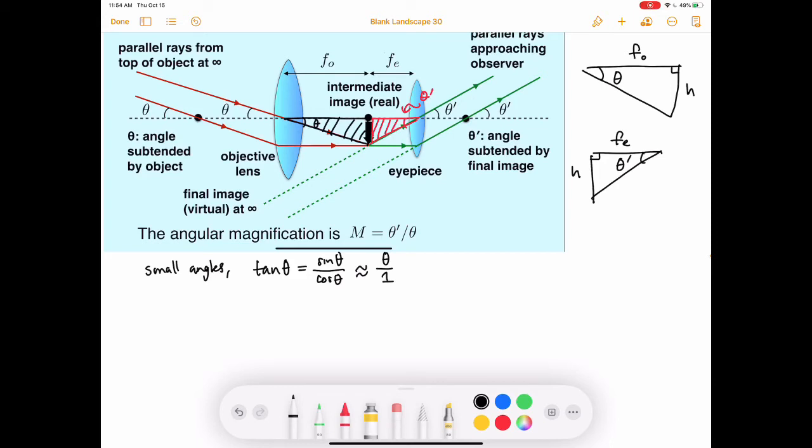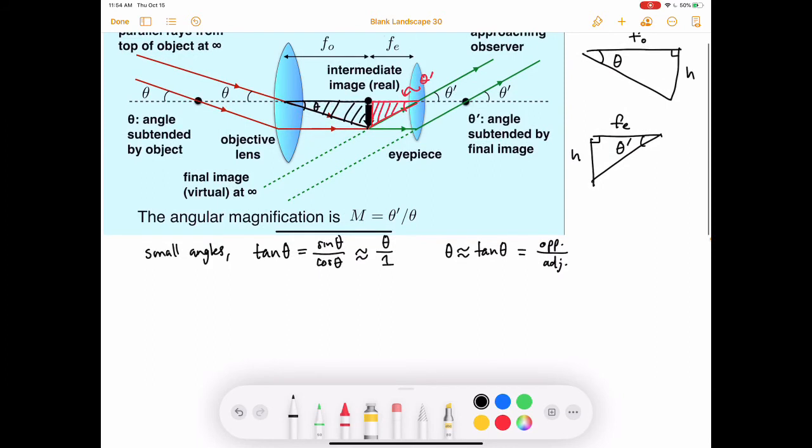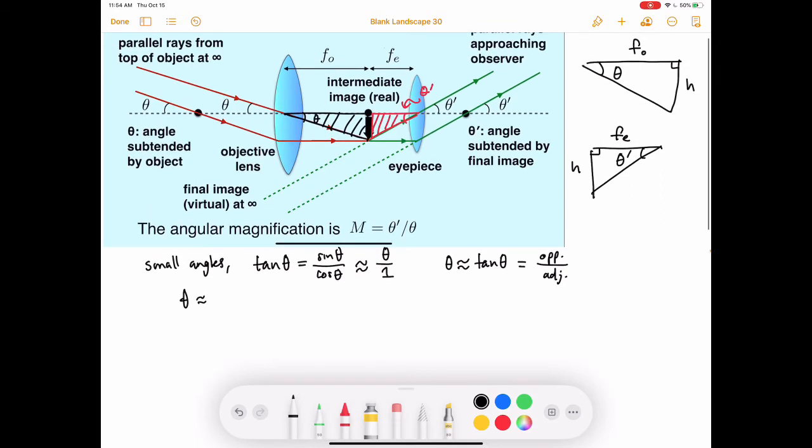So in other words, the angle that we're looking for is approximately equal to tangent theta as long as the angles are relatively small. Remember that tangent is just opposite over adjacent. So the angle itself is approximately equal to the opposite side over the adjacent side in the triangle we drew.